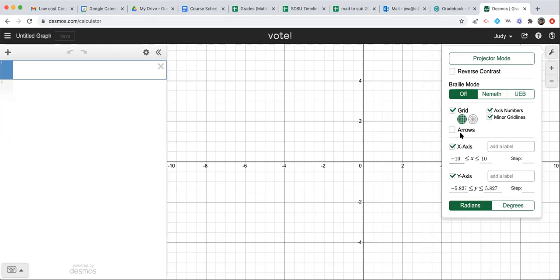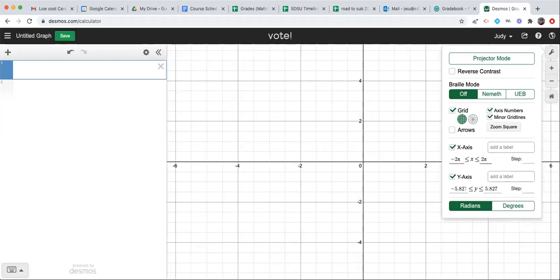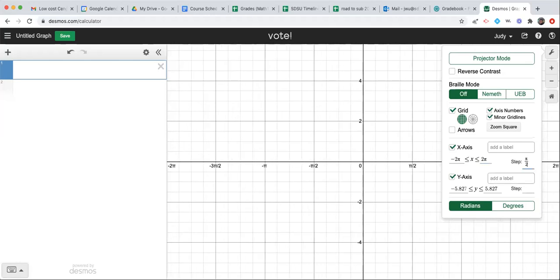I'm going to change my x-axis to be negative 2 pi to 2 pi. I want to count by pi over 2, okay? So, refresher on how we do that. I don't want to be in degrees, I want to be in radians. So we want to make sure the green is on the radian, okay?